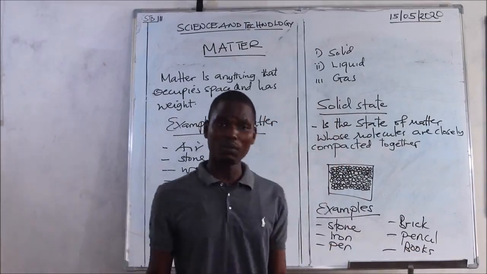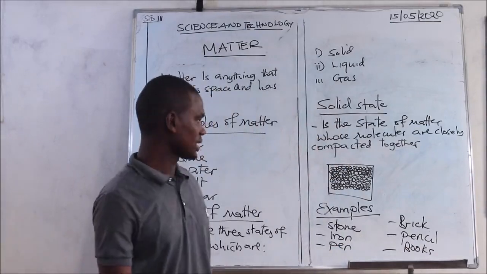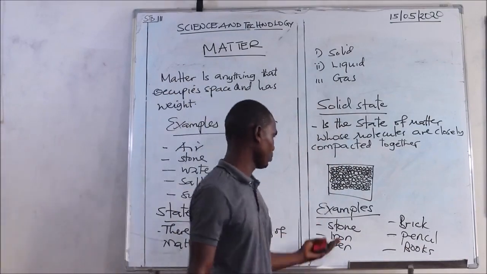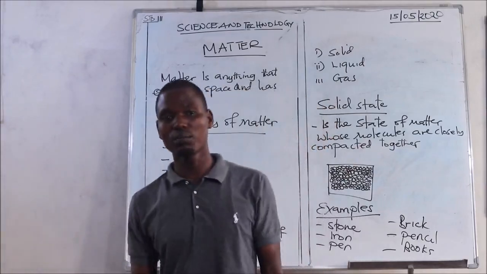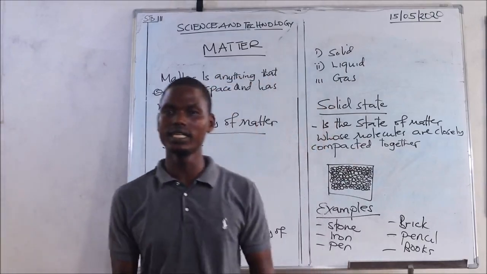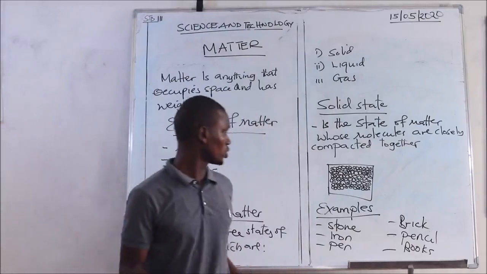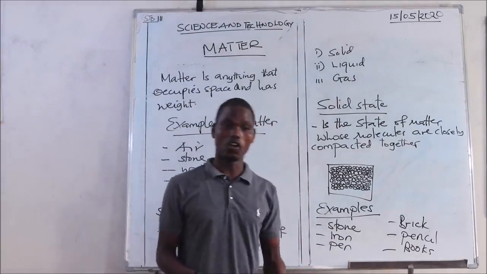Those are just some of the examples. So stone, iron, pen, brick, pencil, books. Those are just some of the examples of things found in solid state of matter.